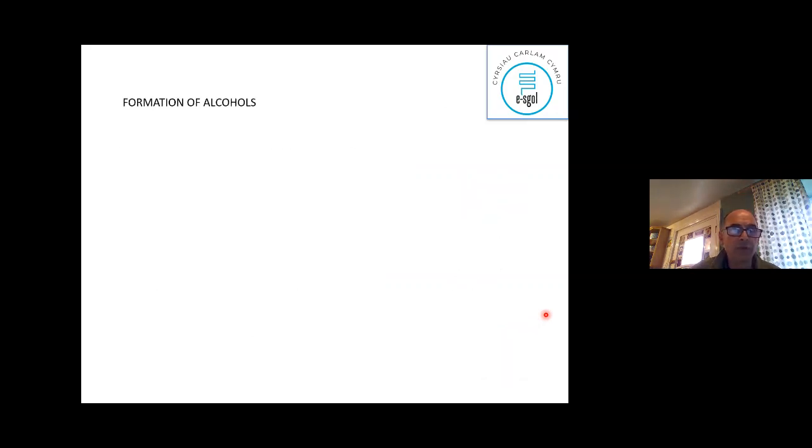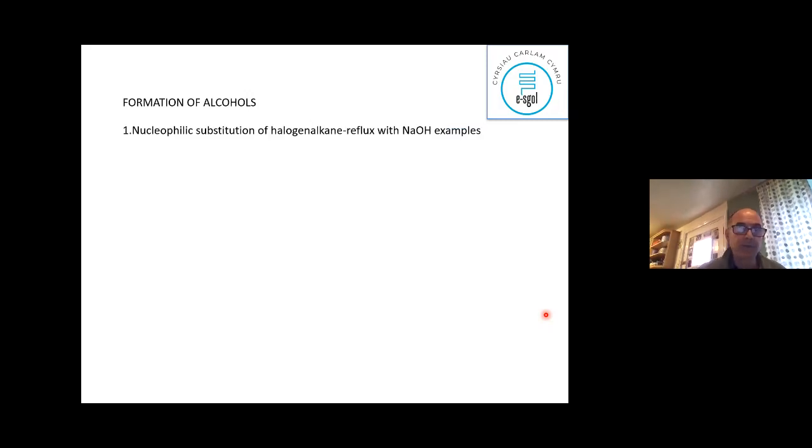How alcohols are formed, formation of alcohols. Again, a little bit of revision from year 12, where you have a halogenoalkane and a nucleophilic substitution. You have carbon and chlorine, chlorine being the more electronegative element. So we're drawing the electrons towards the chlorine, making the carbon slightly electron deficient, delta plus, and the chlorine delta minus.